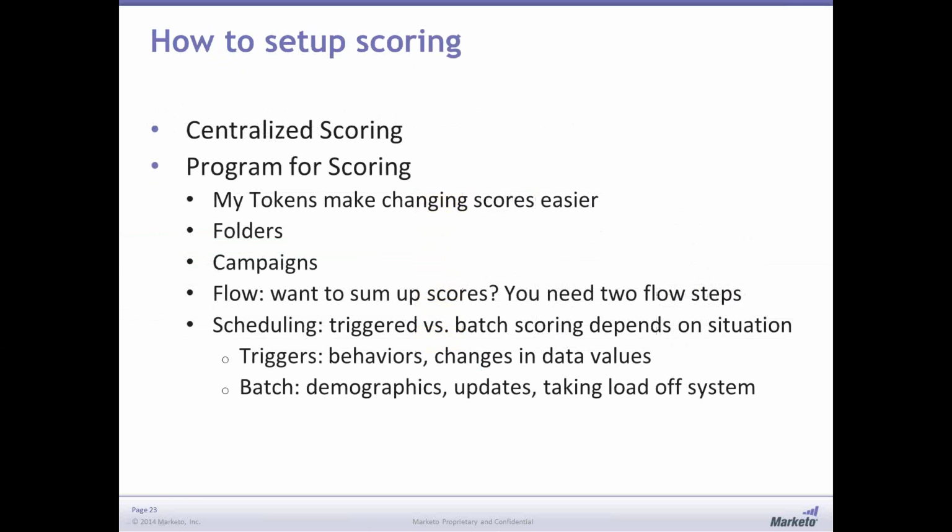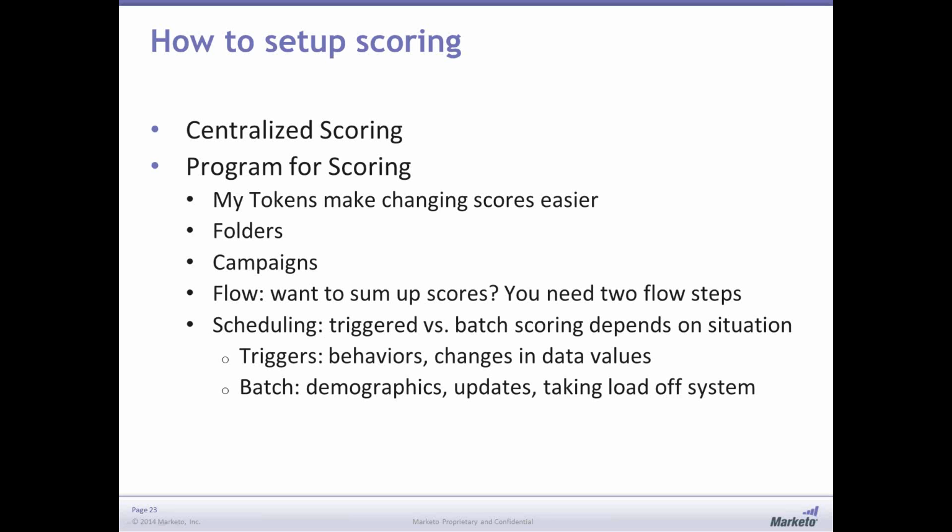And I don't think I have a really good picture of a program here yet. Almost without fail, you want to have centralized scoring. That means you have one program and one set of campaigns running scoring and listening for certain changes throughout the system. I've seen some people set up what I call local scoring, which would be done at the program level and would say, okay, well, if someone clicks an email X, give them 2 points.